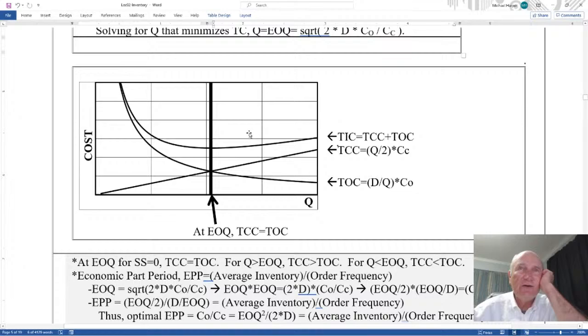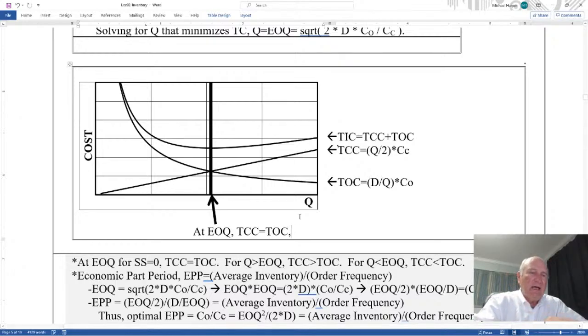If I want to minimize my cost, the minimum turns out to be where these two cross, so the cost is the same. That Q is called EOQ. So at EOQ, the total carrying cost equals the total ordering cost.